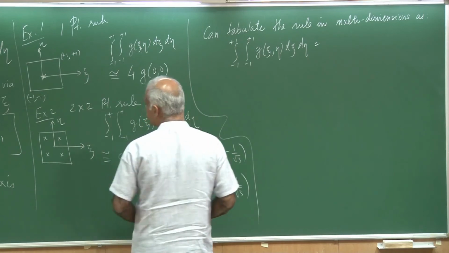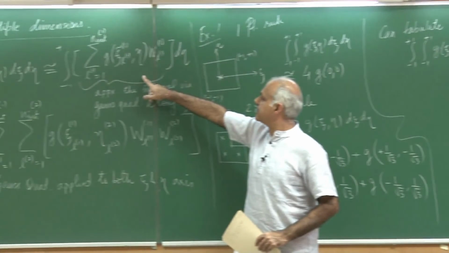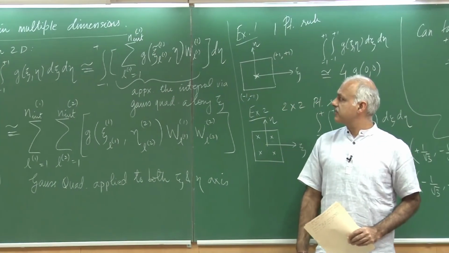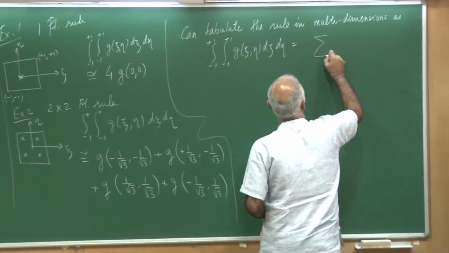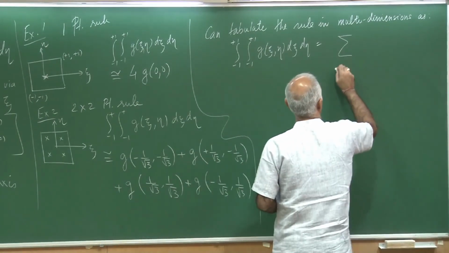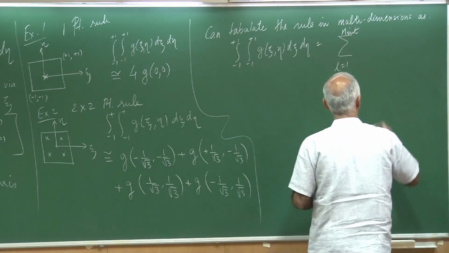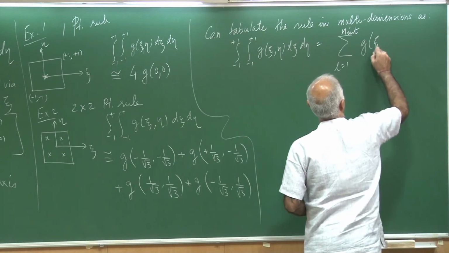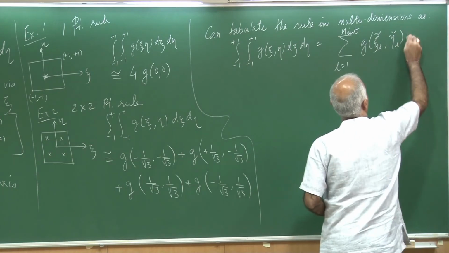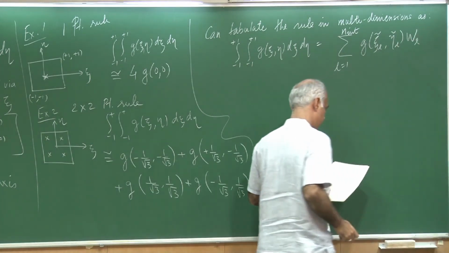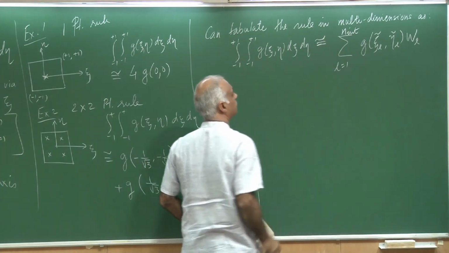Instead of writing this horrendous expression that I have written here, for example in 2 dimensions, I can simplify this to a single array, and this would be given as just a single summation, L going from 1 to the number of integration points, of g of xi tilde L, eta tilde L, times W L. Okay. And this of course is an approximation, so I should put an approximation sign.